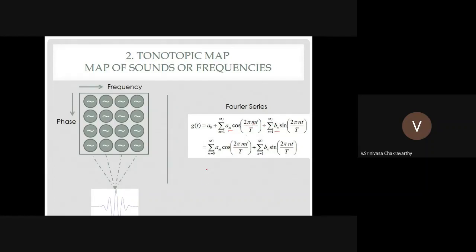You can think of this as an array where frequency is mapped in one direction, and phase is encoded in like A_m and B_n. We want to generalize here. Normally in a Fourier series you have only one phase, captured by a cosine and a sine. But you can have more sinusoids, and that will just be a redundant representation of phase. That is what we are planning, in this array of oscillators.